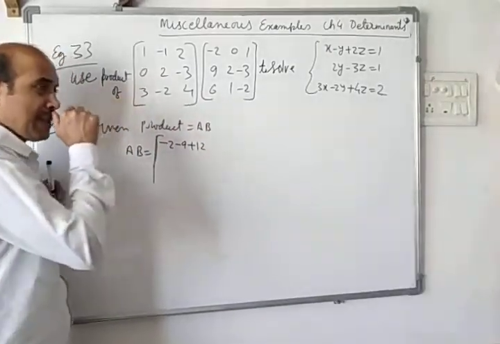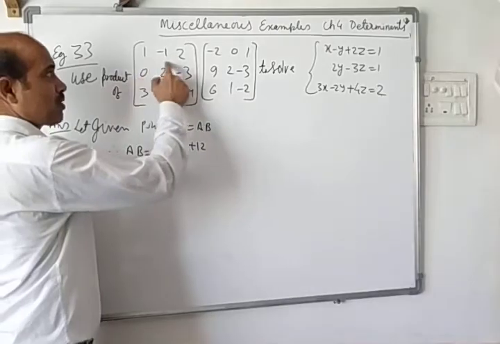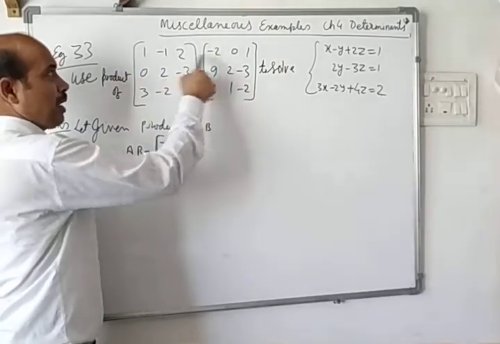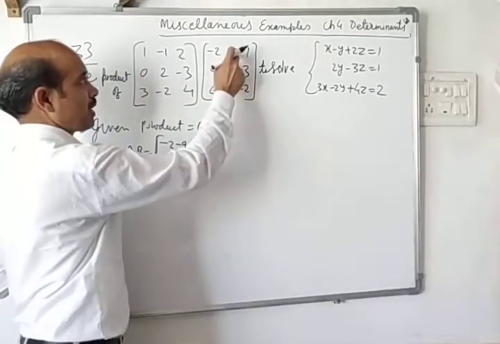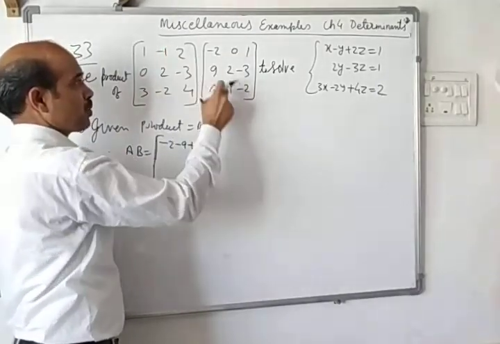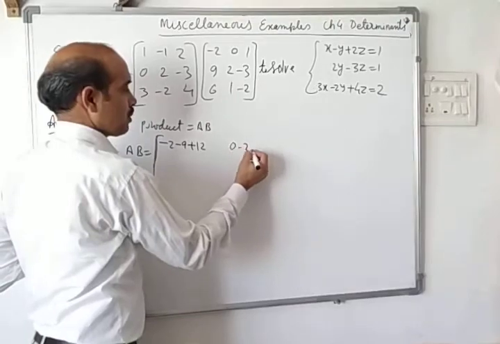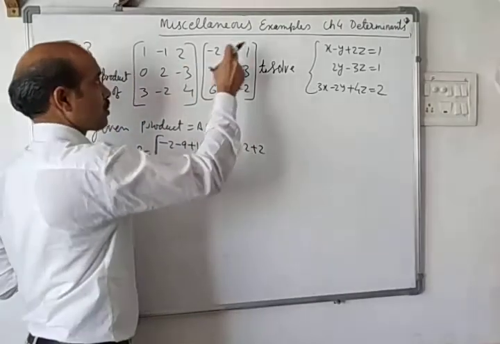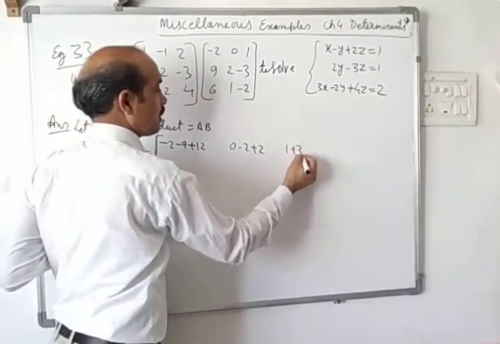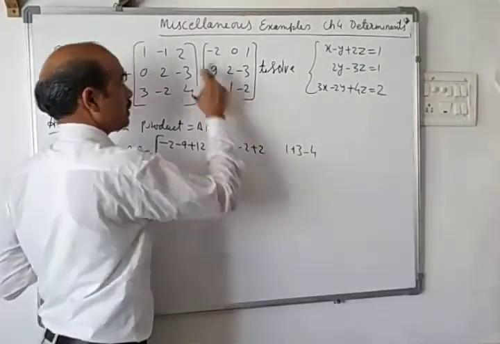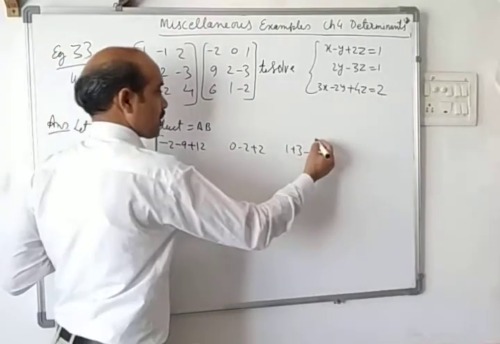तो AB प्रोडक्ट क्या आ रहा है, फर्स्ट रो फर्स्ट कॉलम देखिए आप, -2 -9 +12। फर्स्ट रो सेकंड कॉलम 0 -2 +2। फर्स्ट रो थर्ड कॉलम 1 +3 -4. So this is first row.